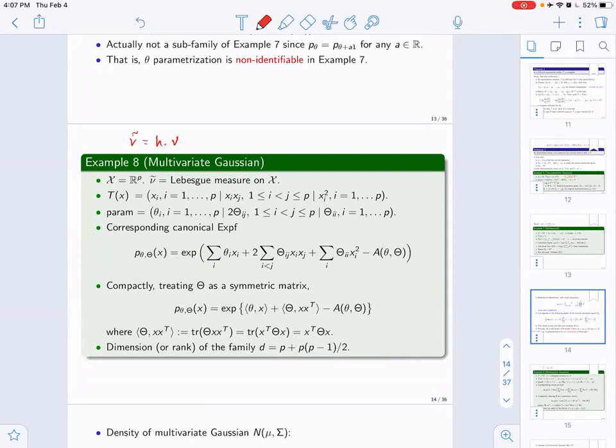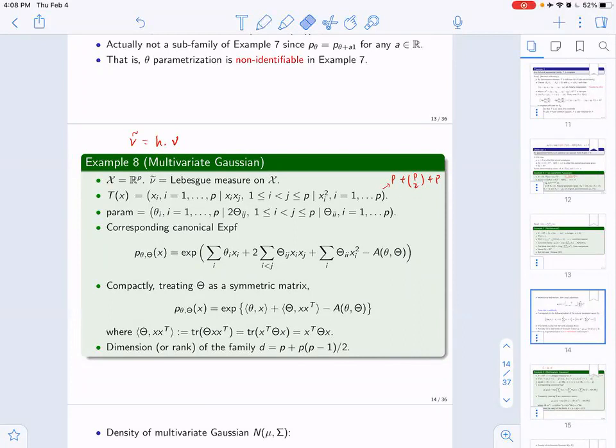So I map a vector in Rp to a vector of dimension p plus p choose 2 plus p. You can compute how many there are; I'll let you figure it out.